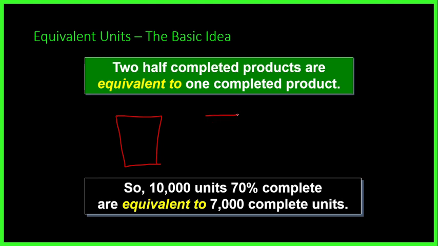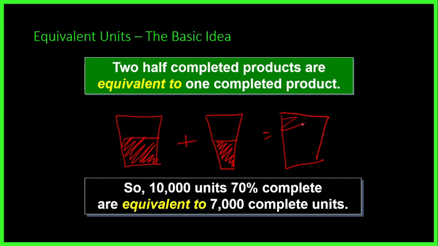Let's use the example from Garrison. Assuming that these are two units, but they are not yet full, they are just 50% completed. So this is your accomplishment for the period. If you add them together, it's as good as completing one product.